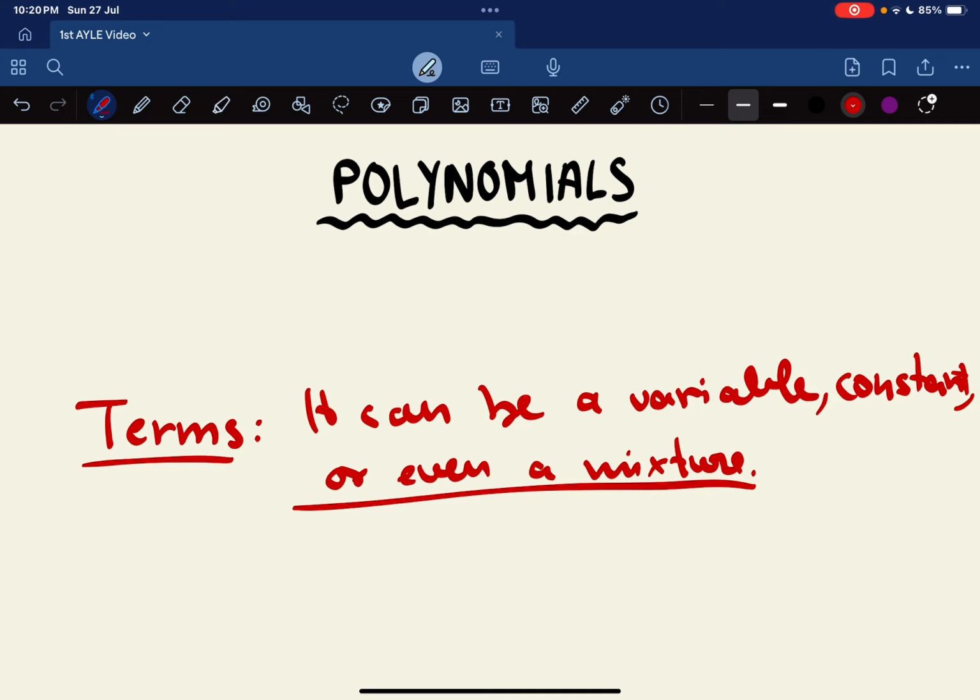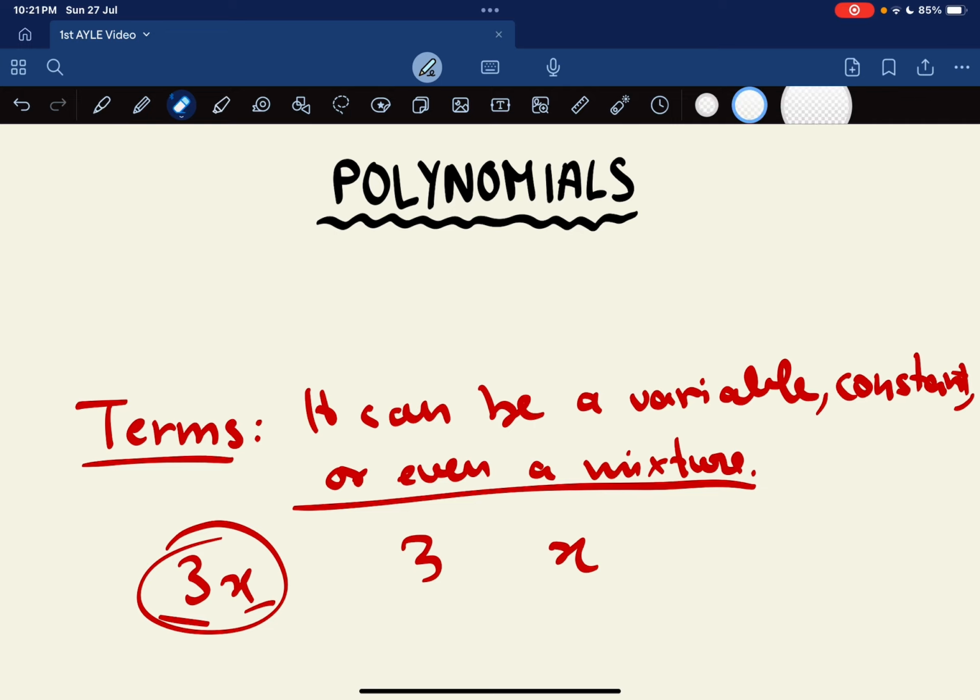So an example of this can be 3x. You've got a constant, a variable, and this whole thing, that is a term. 3, just 3, that is a term. Something like x, that is a term. So these are all terms. They can be variables, constants, or even a mixture.